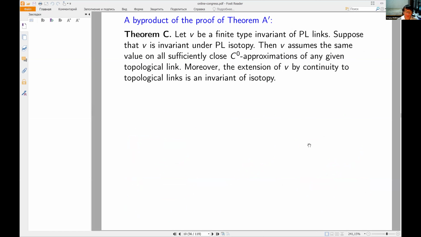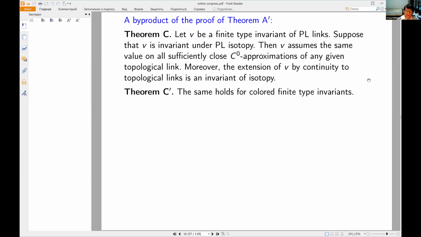So we can extend it to topological links, so to say, by continuity. We just take any sufficiently close piecewise linear approximation and evaluate it on this PL link. And this extension to topological links is going to be an invariant of isotopy. This is actually a consequence of the previous assertion, but anyhow, it's true.